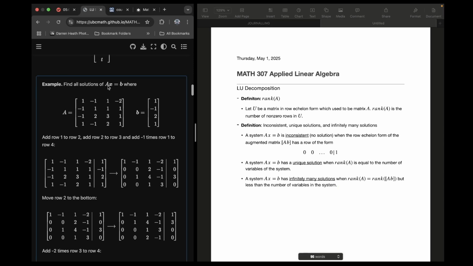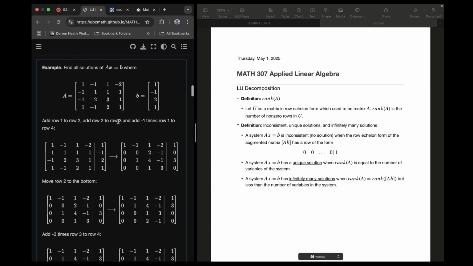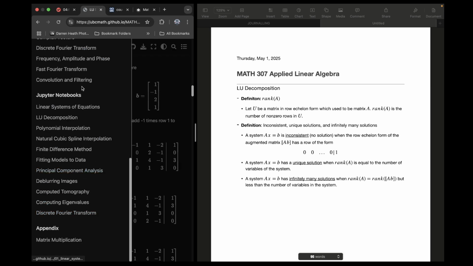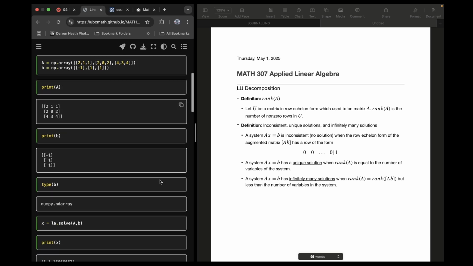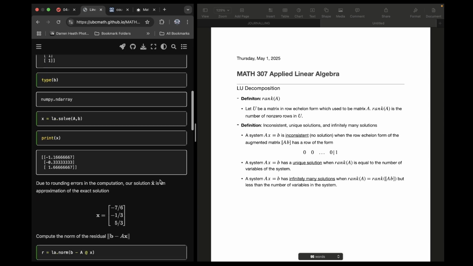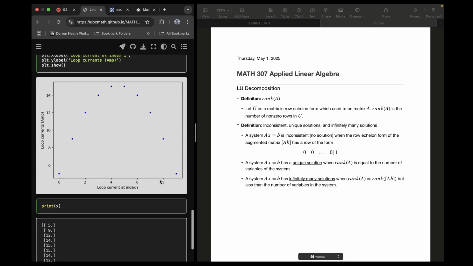Find the solutions of Ax equals b, where A equals this big matrix and b equals this. Wait, is this where we use the Jupyter notebook?